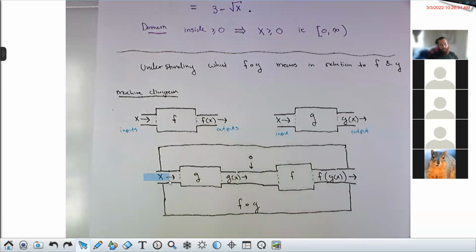X's come in, f of g of x's go out. And what's going on inside that machine is that you've taken the G machine and hooked up the output from the G machine as the input for the F machine. This is what composition does. It might seem like a really abstract notion, but it is the correct notion.